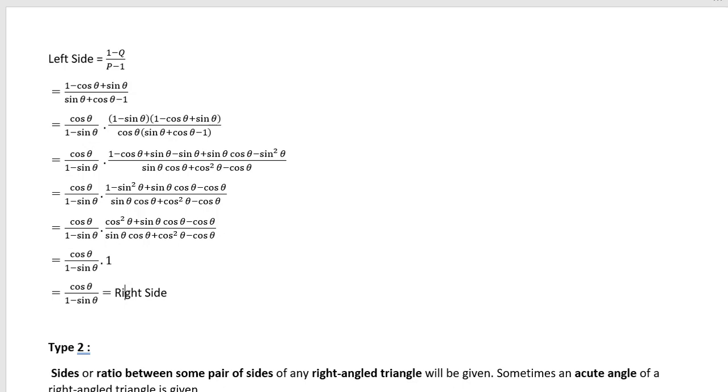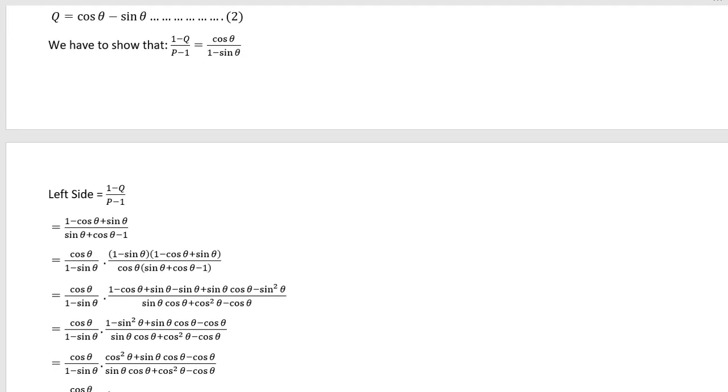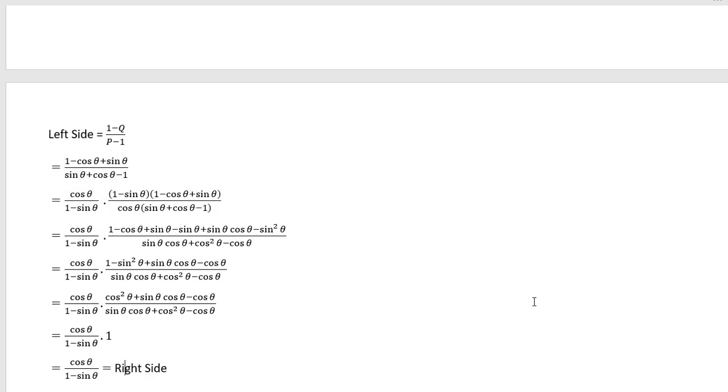Whenever you see this kind of problem, show that some fraction is equal to another fraction, with something at the left side and another thing at the right side, if you go through this kind of technique, I can assure you that you can solve it very easily.